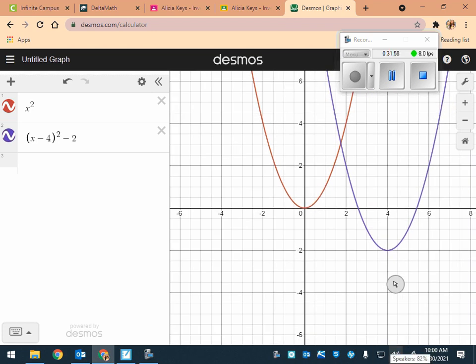What's one change? Jaden. Down 2. What's another? Yeah, Ryder. Move to the right 4. So x minus 4, I move to the right 4. Minus 2 on the outside, I move down.